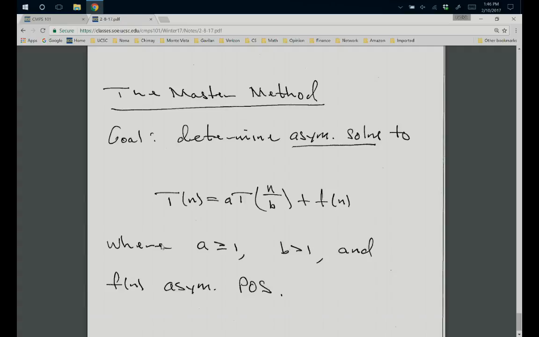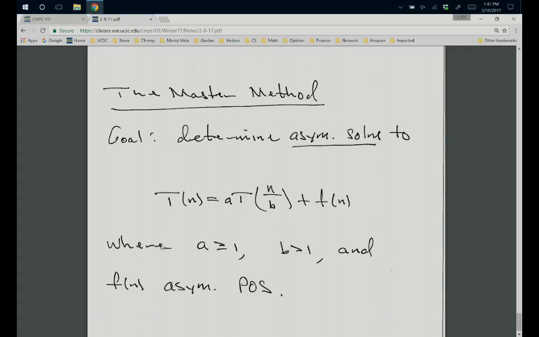And by the way, again, the winner, who won by a polynomial factor, dominates the recurrence, and T of n is theta of f of n in this case. So, case 1, n to the log base b of a wins. Case 2, it's a tie. Case 3, f of n wins the contest.